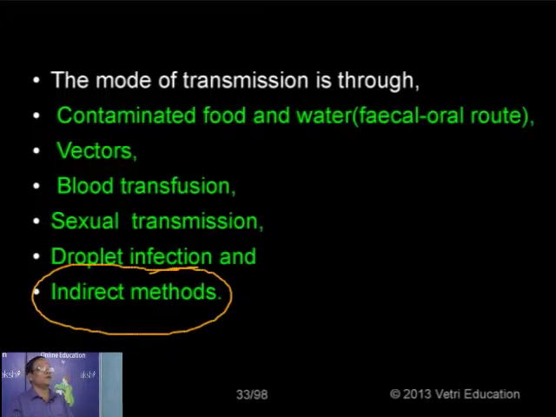Mostly they are non-living objects: handkerchiefs, glasses, pencils, pens, tumblers, plates, if they are not washed properly. Such indirect objects, normally non-living materials, which transmit the disease are called the fomites.